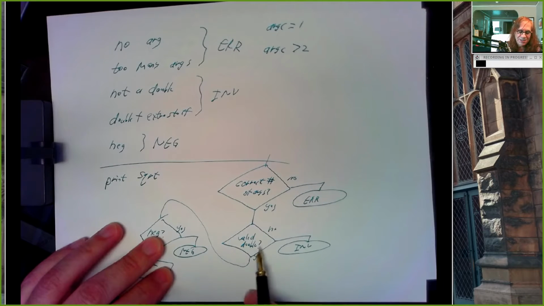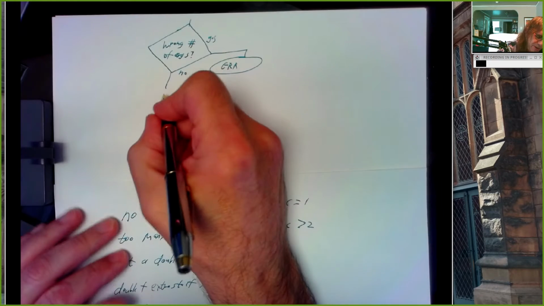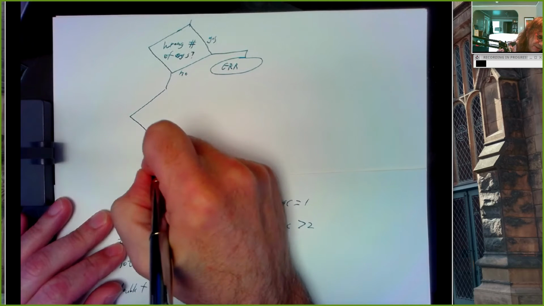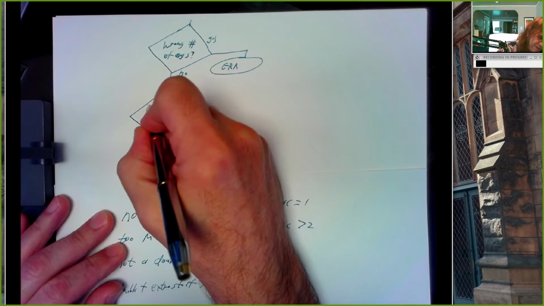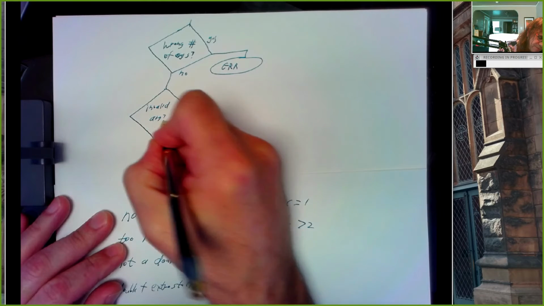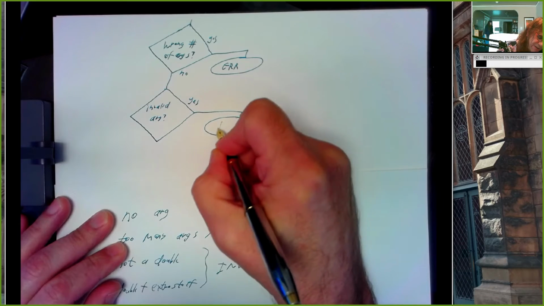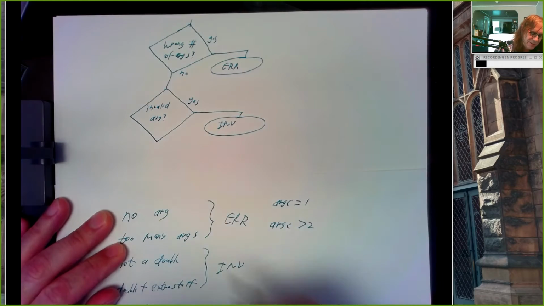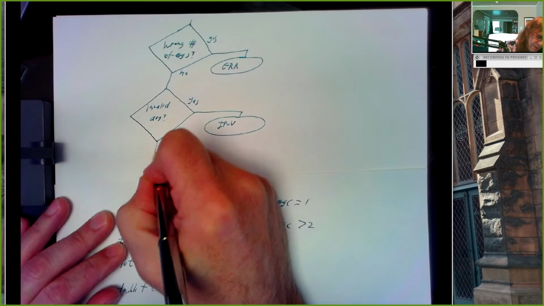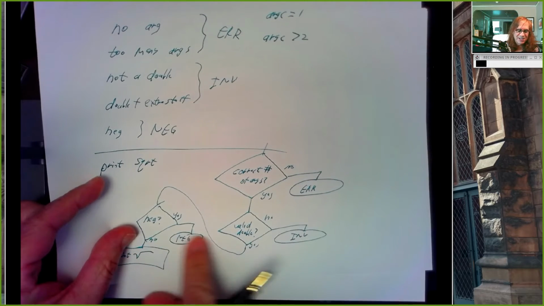So let me change this to something where the action I want to do is in response to this condition being true. So I'm going to make this condition, do I have an invalid argument? And if it is, then I'm going to print out inv and exit. Otherwise, I'll continue. Okay, well, here I already have a condition where my yes says what I want to do.